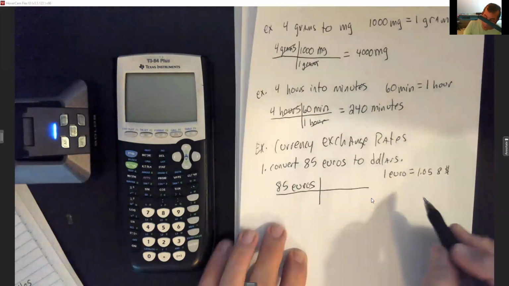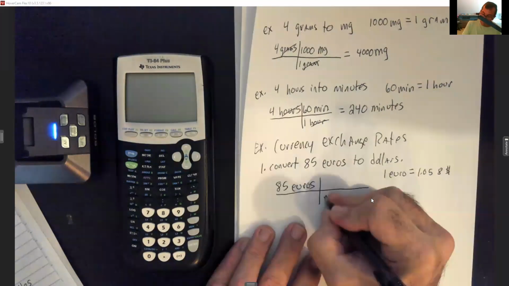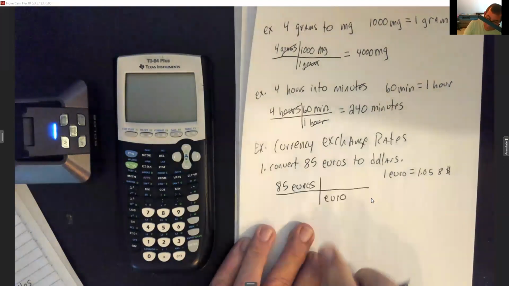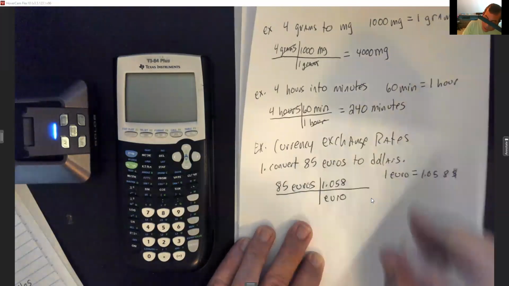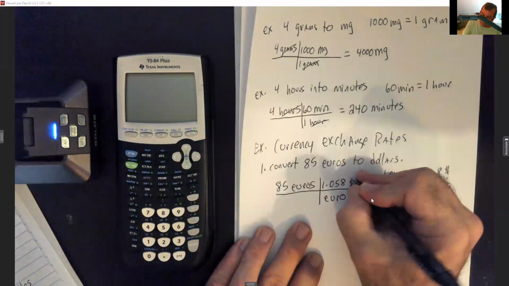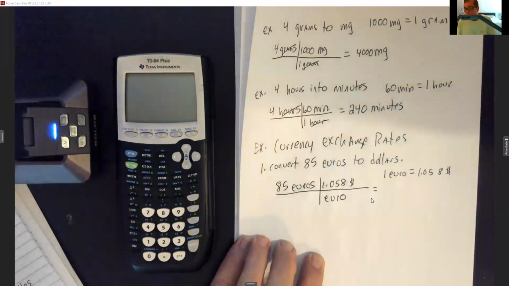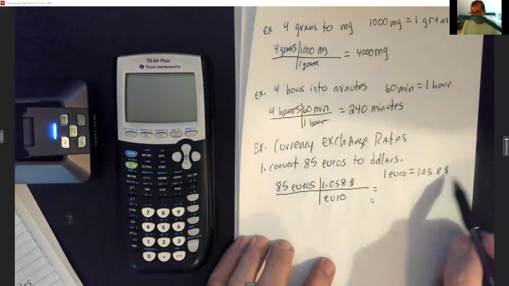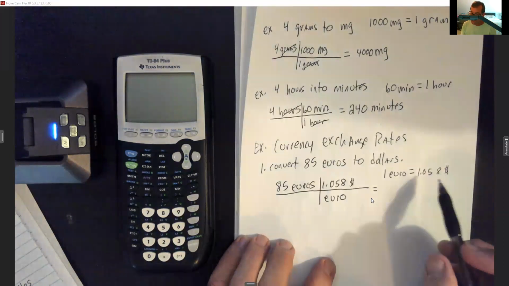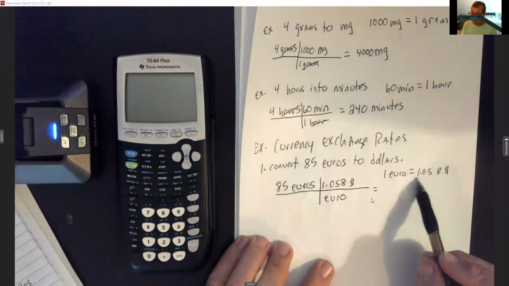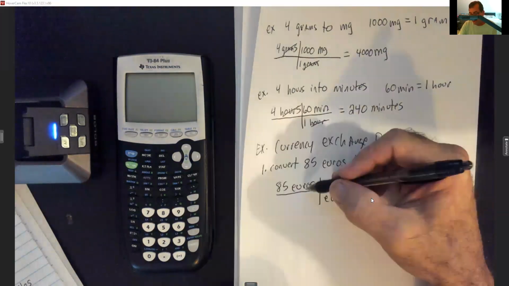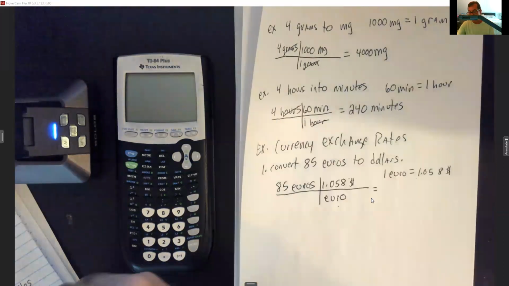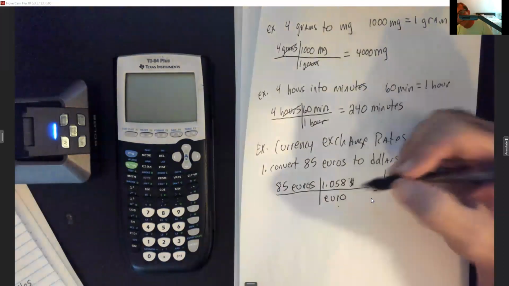We know that 1 euro is equal to 1.058 US dollars. So once you figure out your euro, if you're going from theirs to ours, you put the decimal with the money. If you're doing it the other way, from American dollars to the euro, then you'll put that decimal with the euro part on it, okay?